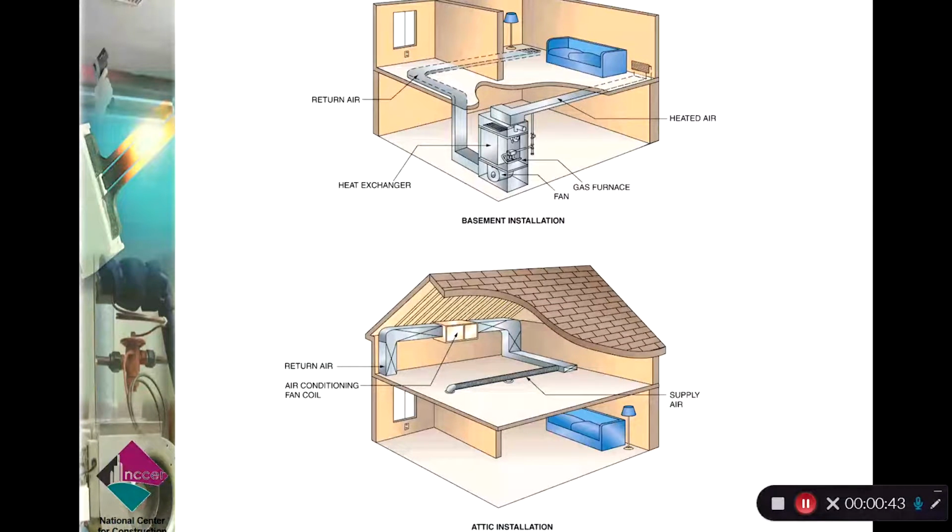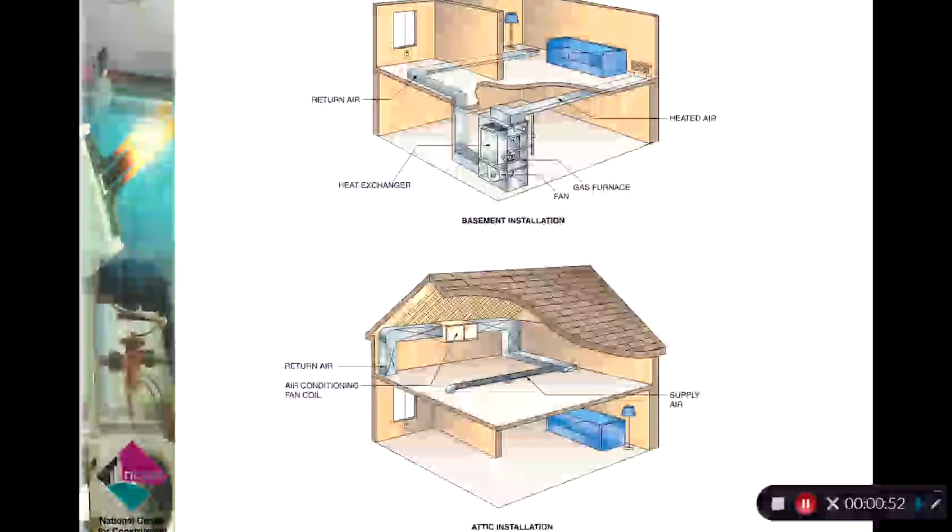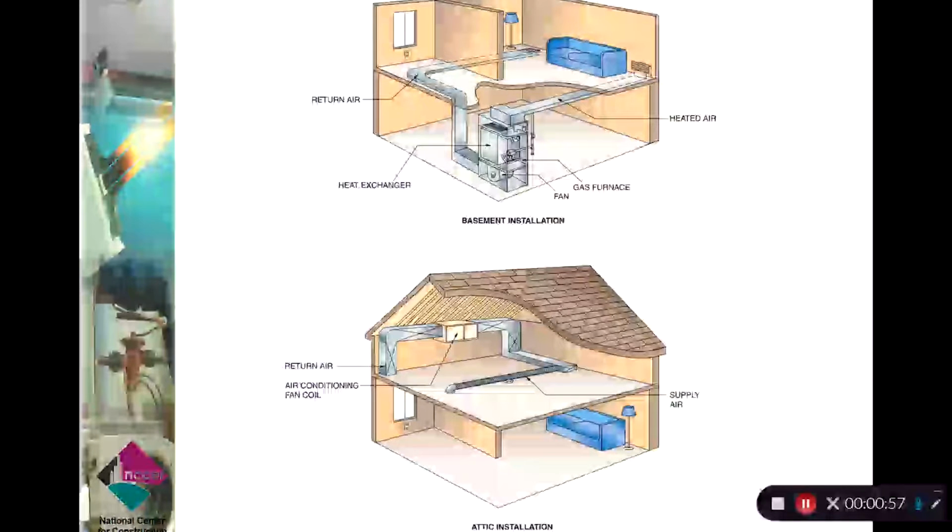So it gets pushed through the supply line, it's called, where the heated air is, and it gets pulled back to the unit through the return air system. And this just shows us two different installations that we could do, one in a basement to accommodate the upper floor and one in the attic to accommodate the lower floor. It just gives us a basic of what that system looks like.